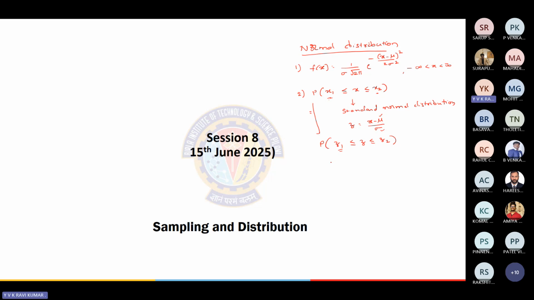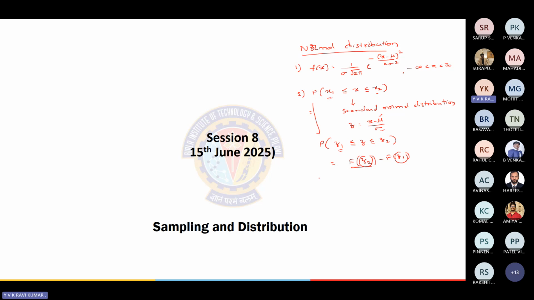Once it is done, it is simply F of the upper limit z2 minus F of z1. So this is the process whenever we want to apply normal distribution.